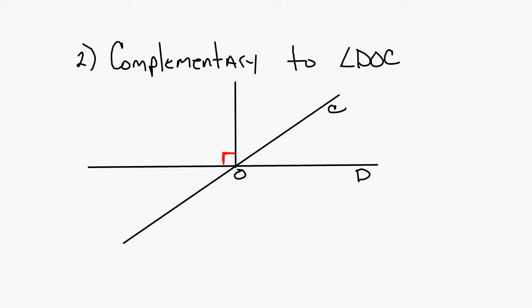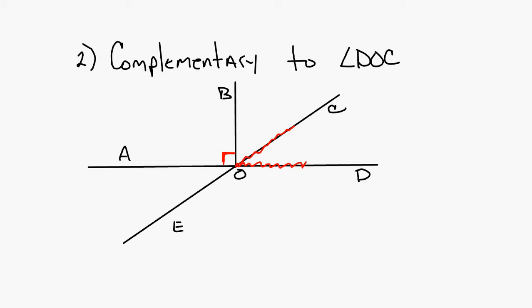And this is B up here, A and E. Okay, complementary to DOC. So identify DOC, which is right here. And complementary means sums to 90 degrees.